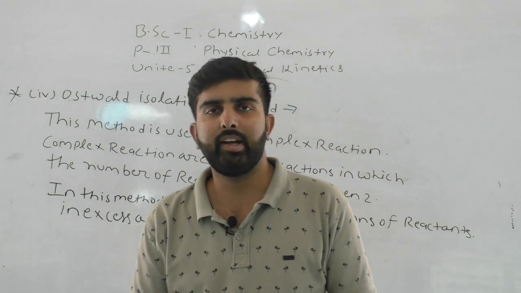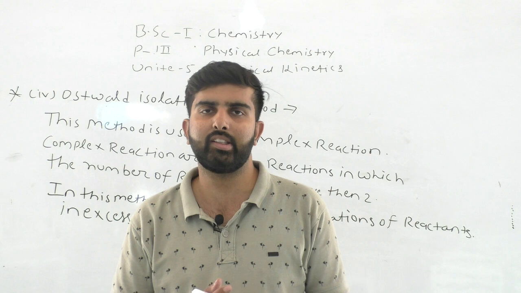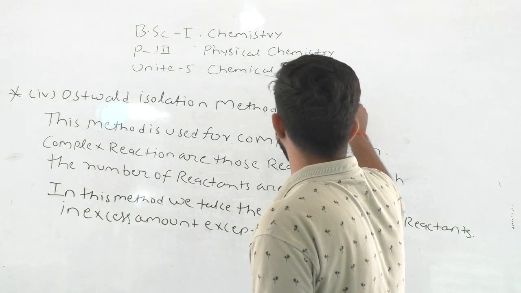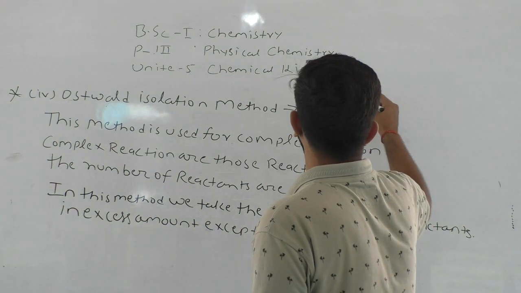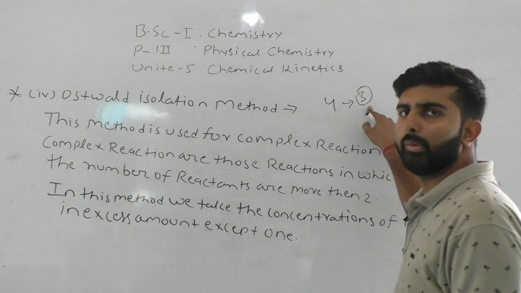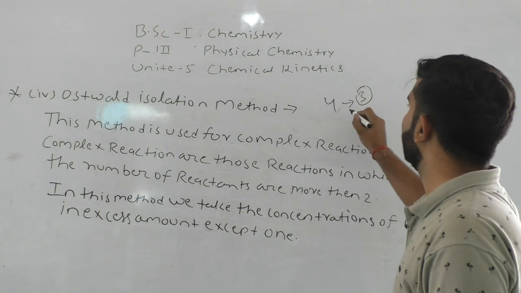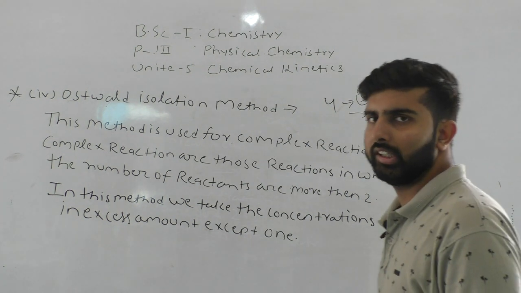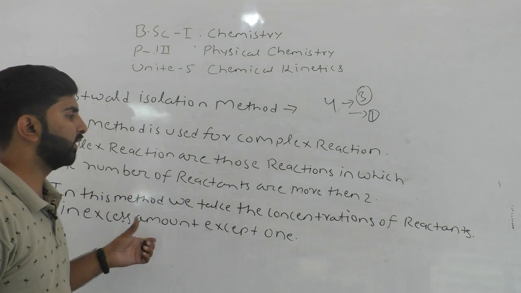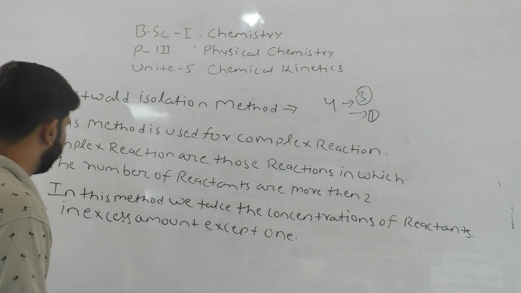Means we know that if we take the concentration of a reactant in excess amount, the rate of reaction doesn't depend on it. If the number of reactants is 4 and we take 3 in excess amount, the rate of reaction doesn't depend on these concentration terms. It only depends on the one concentration term. So in this method we take the concentration of reactants in excess amount except one.